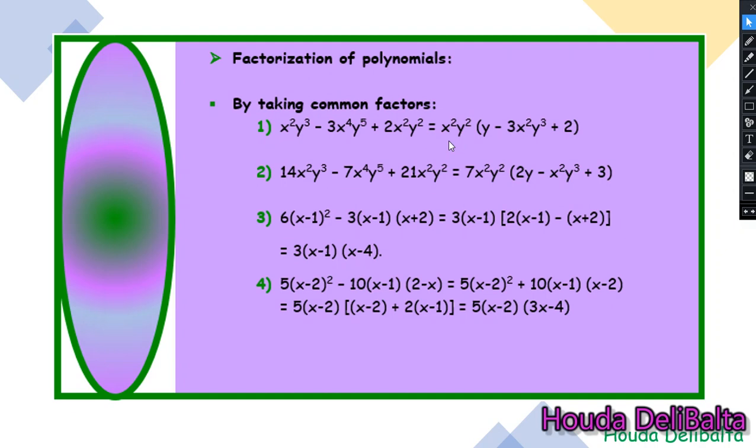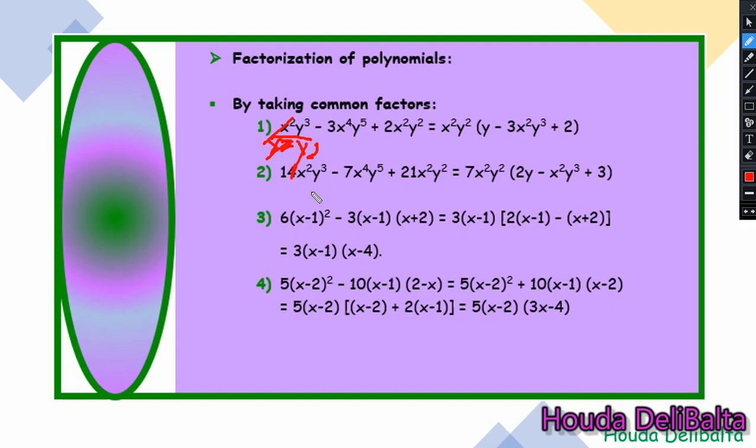Now, what should I do? I have to divide each one of these monomials by the common factor taken outside. So x squared y cubed divided by x squared y squared. X squared will cancel x squared, and y cubed over y squared.